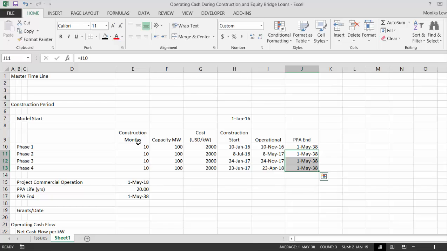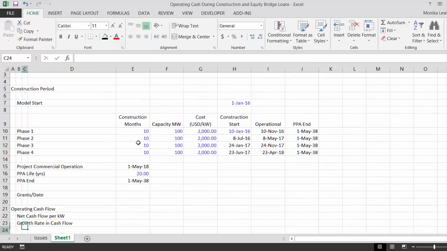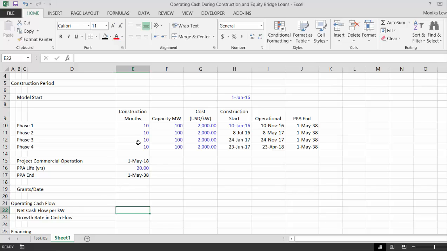So in terms of mechanics, this is a lot about just getting dates right. Shift Control 1. Shift Control C. All right, and so that's our construction layout. Now, instead of doing anything fancy, let's say we make our net cash flow per kW per month.